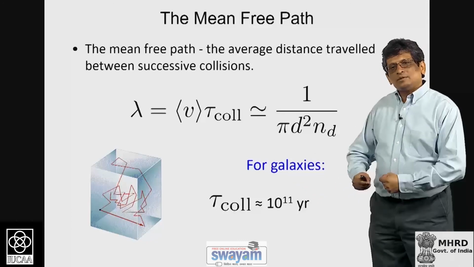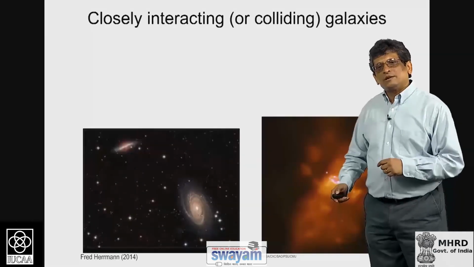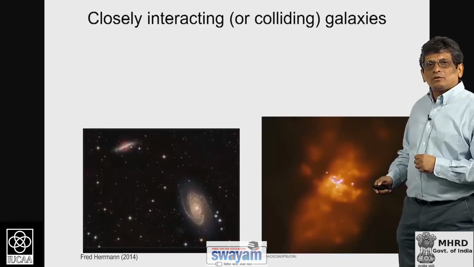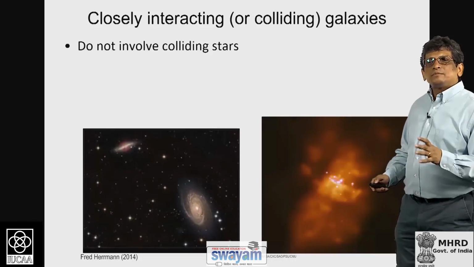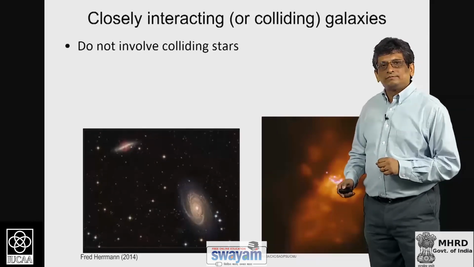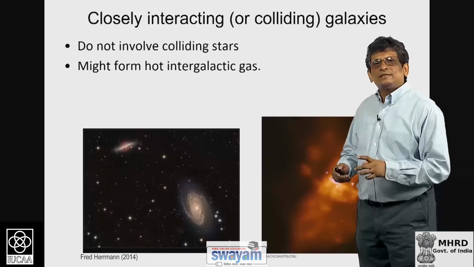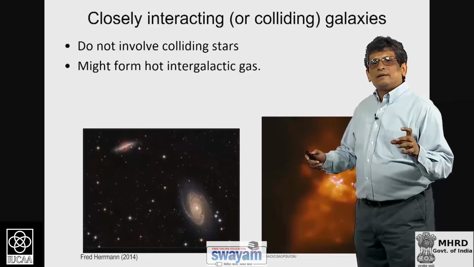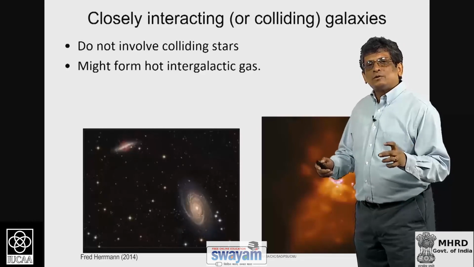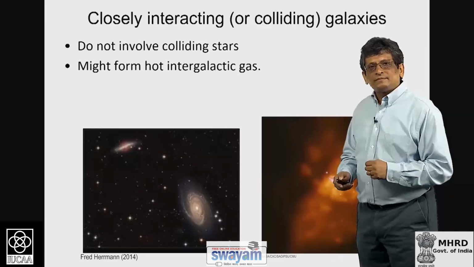Even for major galaxies, we see them colliding, and small galaxies are merging with these bigger galaxies. So when galaxies closely interact with each other or collide, mostly the stars don't collide because of the argument we just went through. What might happen is that the galaxies have gas that can come out of the galaxies and interact with the gas of the other galaxy and form hot intergalactic gas.